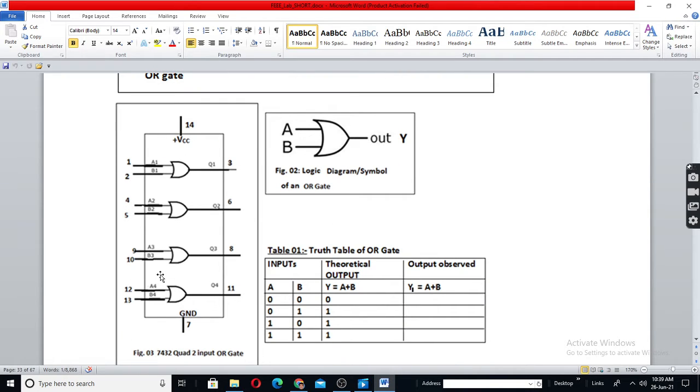Then you see, as in the last experiments also, 1, 2, 3, 4, 5, 6, 7. It is not 8, 9, 10. It is 8 here output, 9, 10 here input.